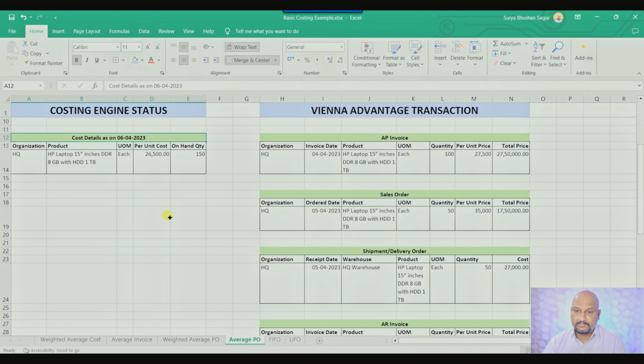Now how does this calculation happen for the average PO?